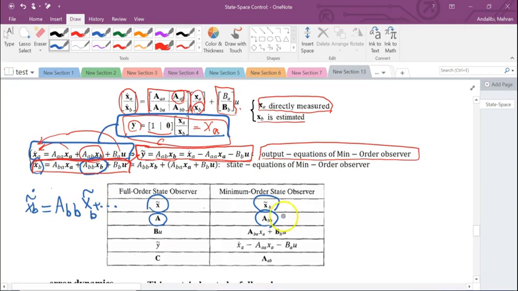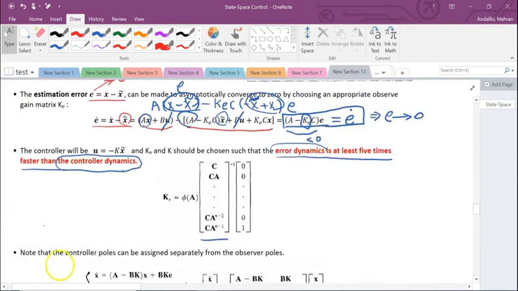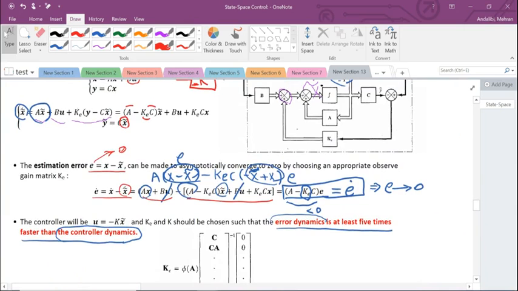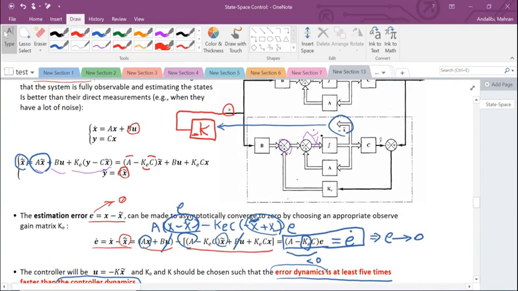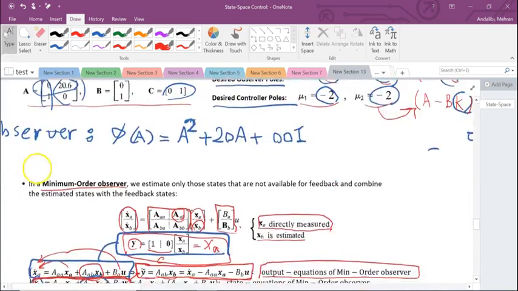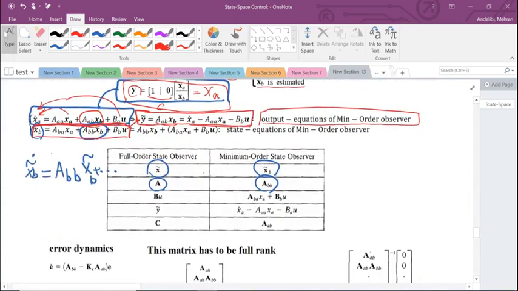So that ABB is the same as A. Then the BU term that you had in the observer equation, this second term here, that you have is now what? Let's go and see. It says the second term is now ABA XA plus BU. Where is that? That's these 2 extra terms, here and here.